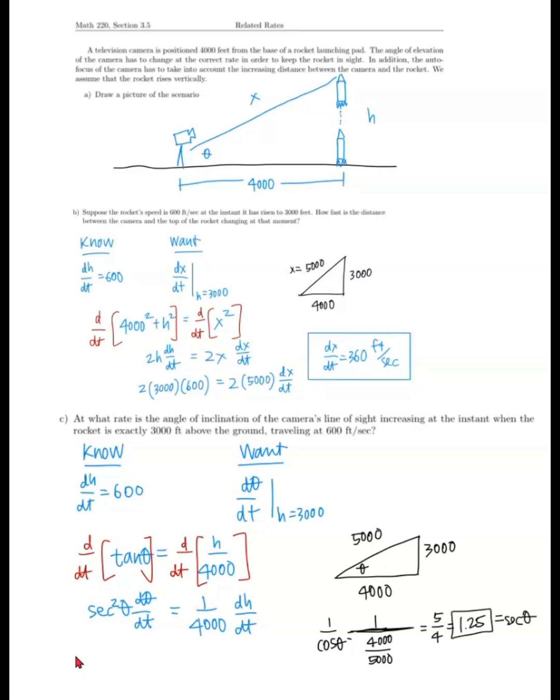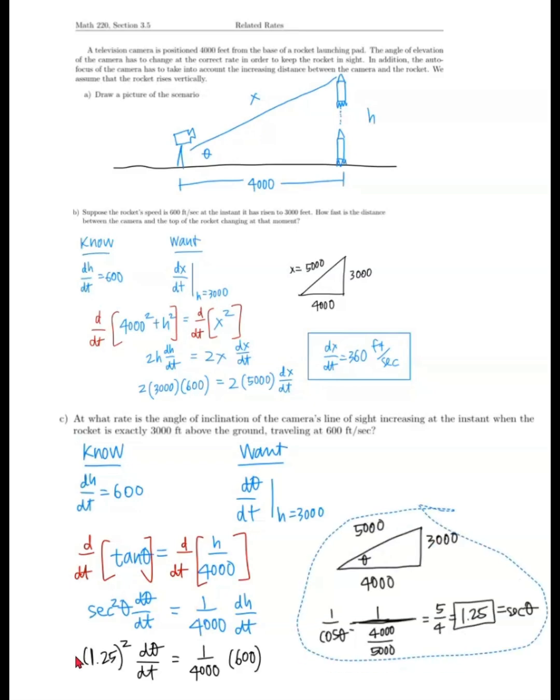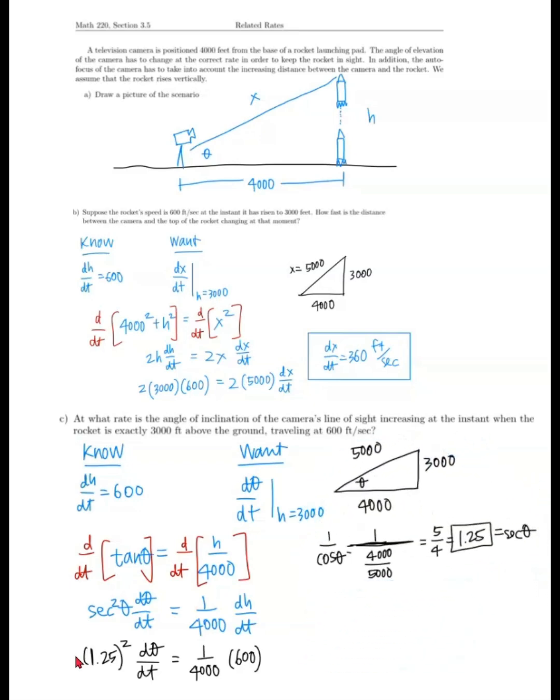Okay, so we have 1.25 squared times dθ/dt equals 1 over 4,000 times dh/dt, which is 600. If we do all of that arithmetic, we find out that dθ/dt equals 0.096. The units are radians per second.